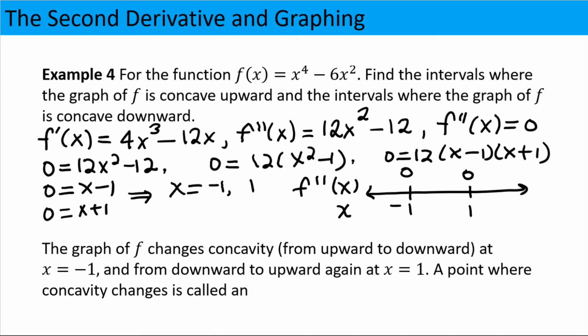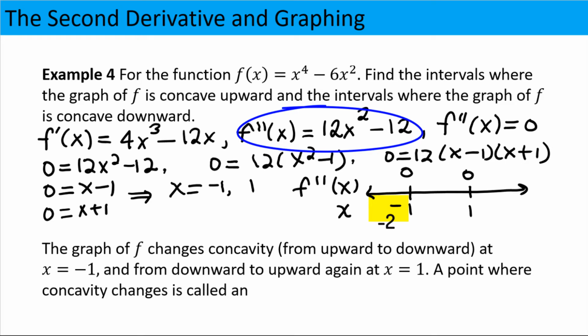Continuing with this work, let's pick a number in each of the three intervals. I'll start with a number in the region between negative infinity and negative 1, like negative 2. Let's evaluate negative 2 in the second derivative. Pick any of the factored forms. I will pick the 12x squared minus 12.